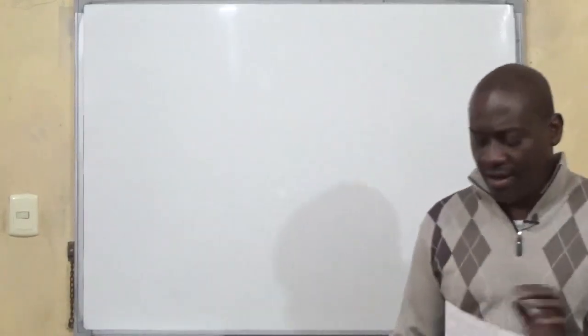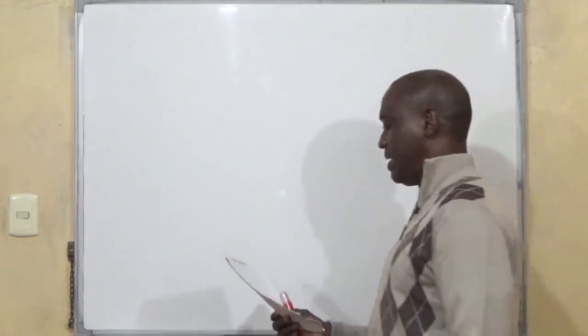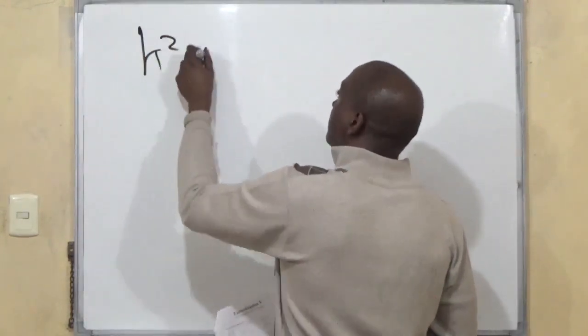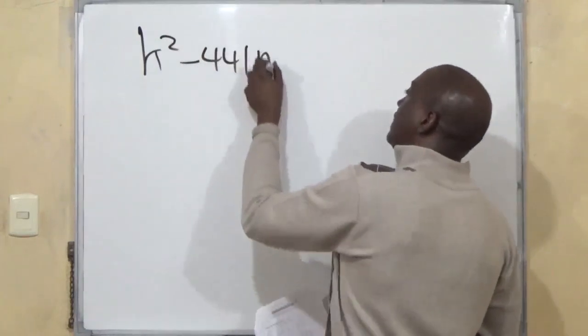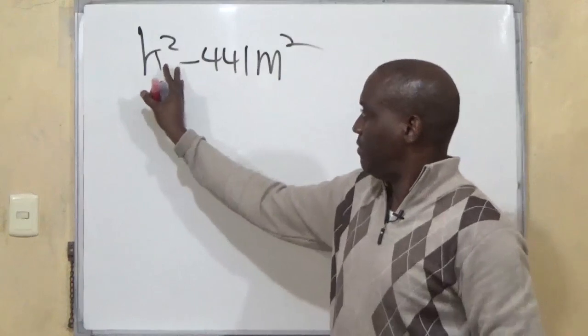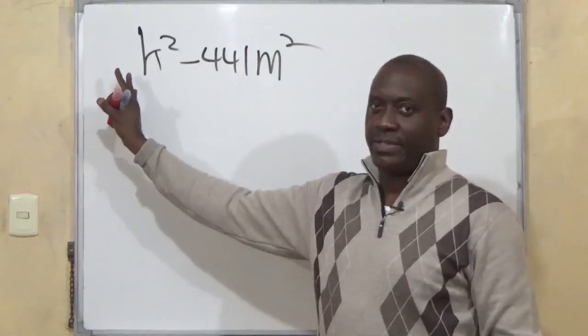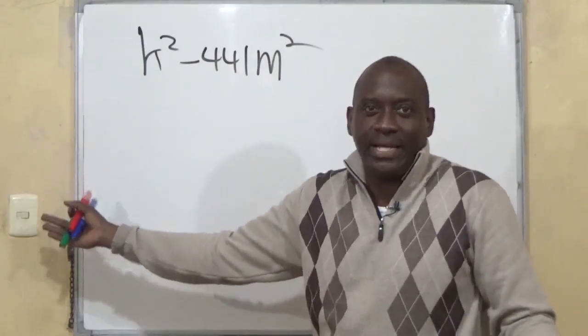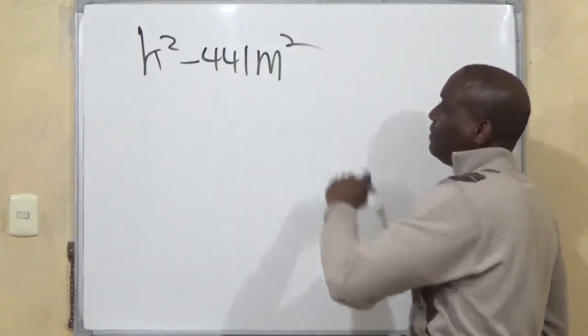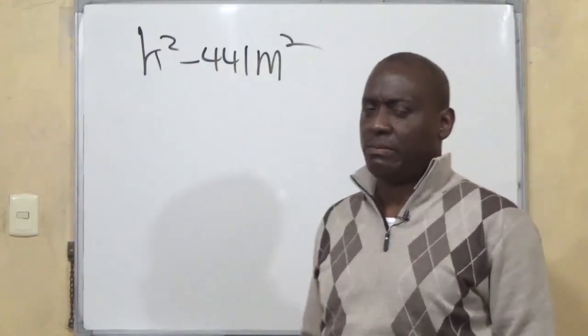So if you have an expression like, let me say, k squared minus 441m squared. You see? Of course, you're seeing that k squared is a perfect square because it's k squared. If it's k squared, it has to be a perfect square, right? The 441m squared. So you see the m squared here.